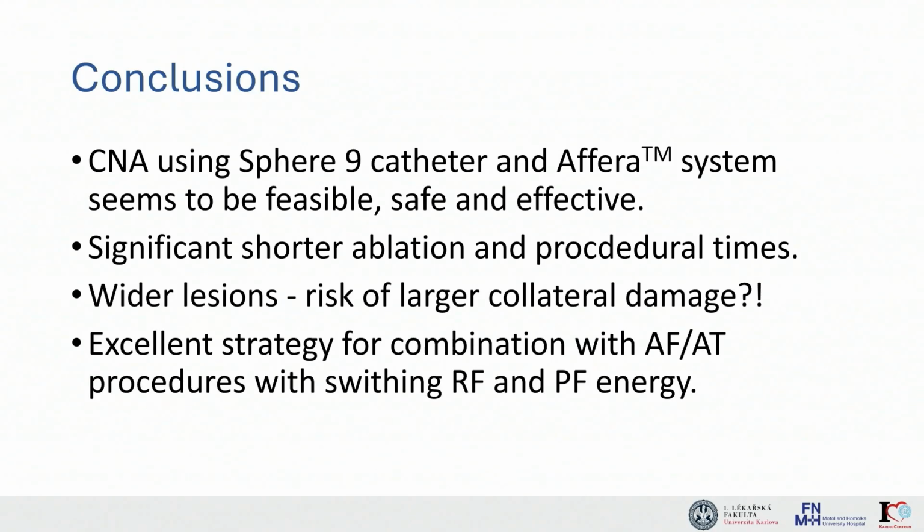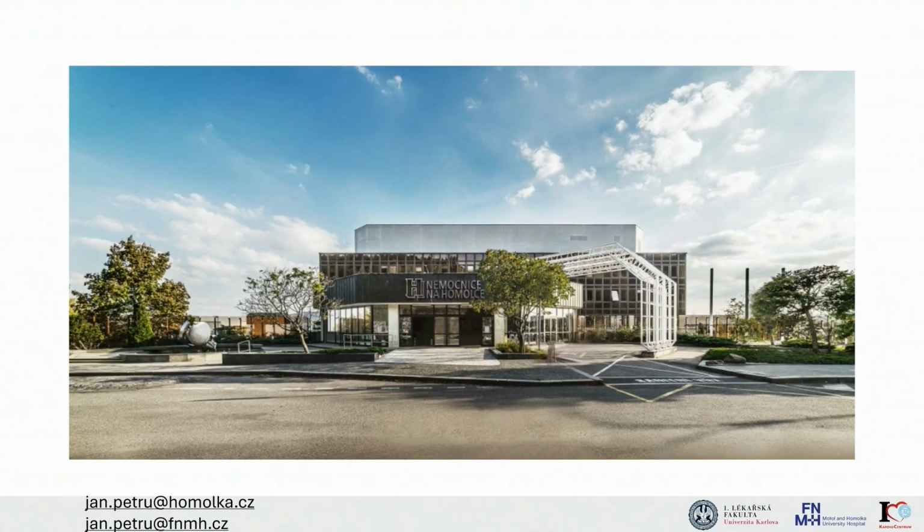And I think finally it's the best strategy if you have bradycardia and AFib disease together. So use this catheter for AFib ablation. You can use RF-PF and then finish with RF ablation in predominant spots for ganglionated plexi ablation. Thank you.